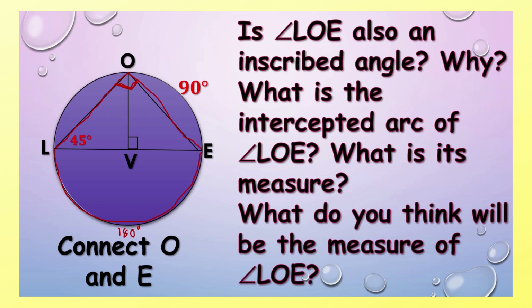And what do you think will be the measure of angle LOE? Kagaya nga ng sinabi ko kanina, yung measure ng ating inscribed angle ay kalahati lang ng measure ng kanyang intercepted arc. So if the intercepted arc is 180 degrees, therefore itong ating inscribed angle na angle LOE is 90 degrees.